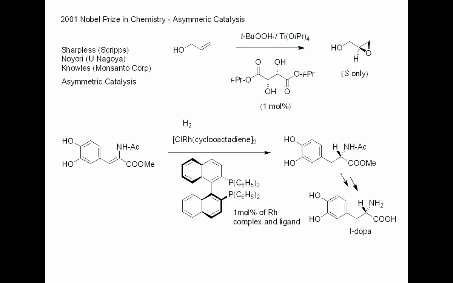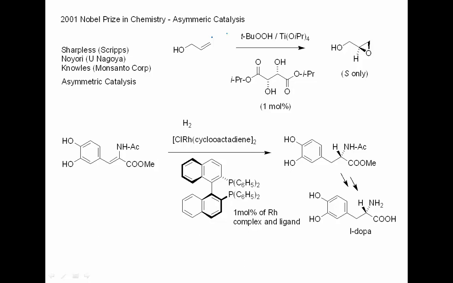So all it takes is a small amount of this catalyst to produce large amounts of this chiral material here. So from this enantiomer you get only the S epoxide. This is an alternate to the peroxy acid method for generating epoxides, but if you use this method you can generate large enantiomeric excesses.